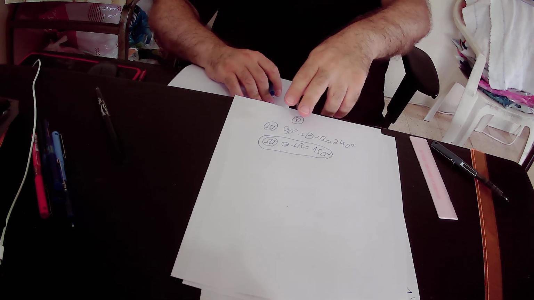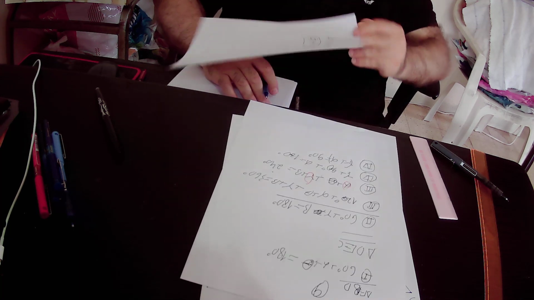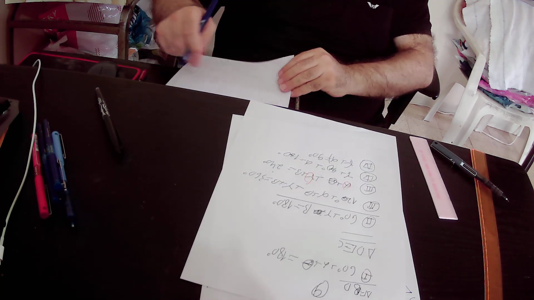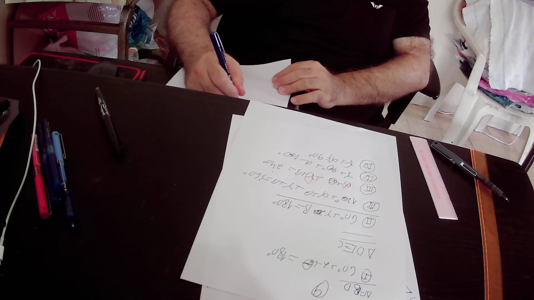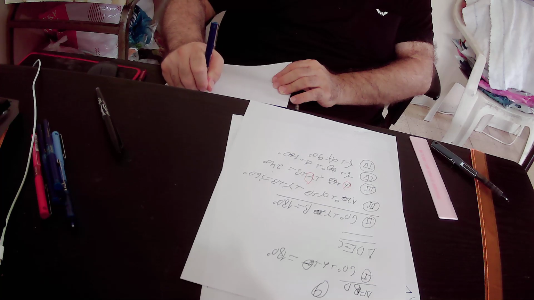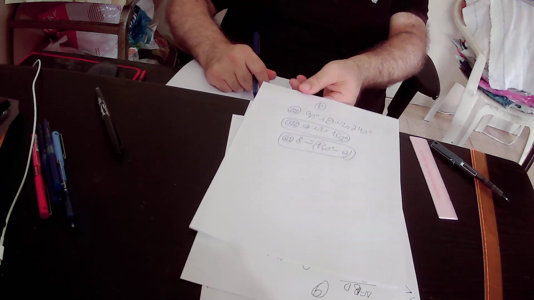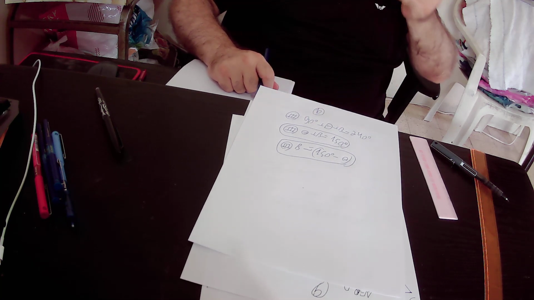Here we will subtract theta from the equation and we will get that beta equals 150 degrees minus theta. Okay, we got that beta equals 150 degrees minus theta.